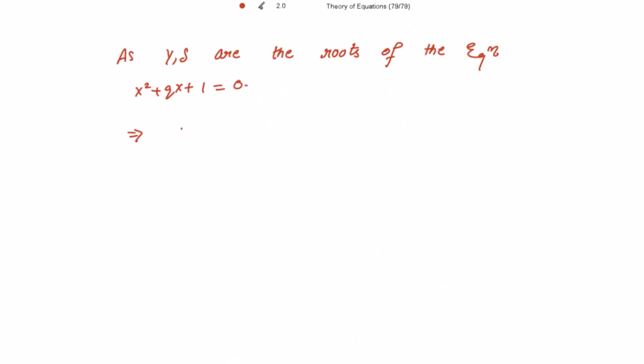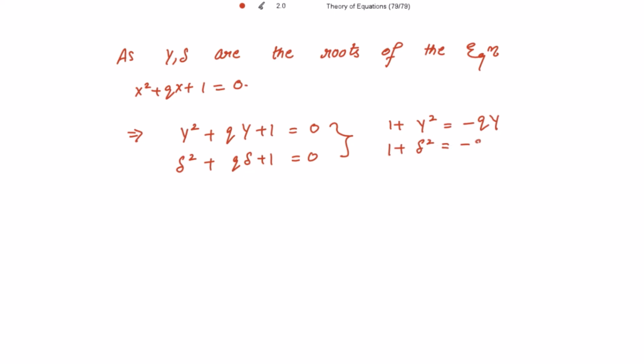So this implies gamma square plus q gamma plus 1 equal to 0 and delta square plus q delta plus 1 equal to 0. And from these two we get 1 plus gamma square equal to negative q gamma and 1 plus delta square equal to negative q delta.